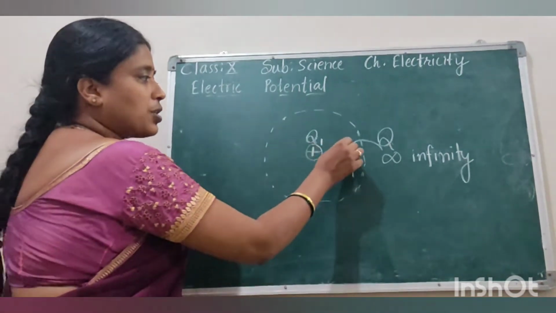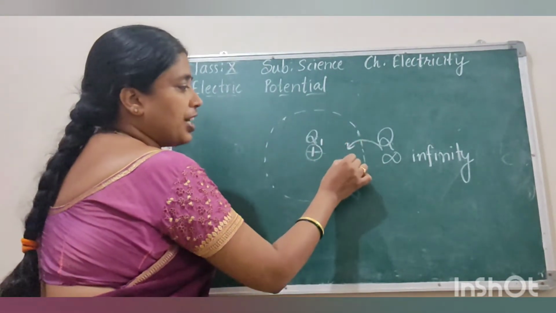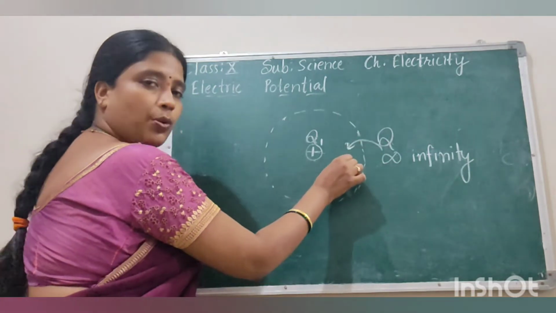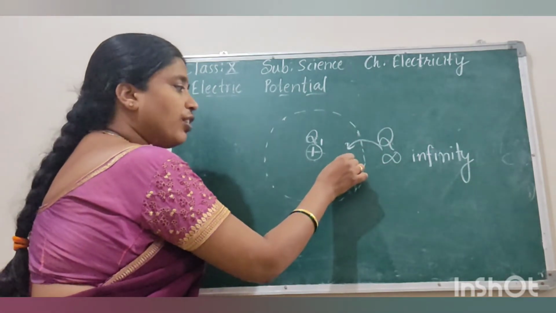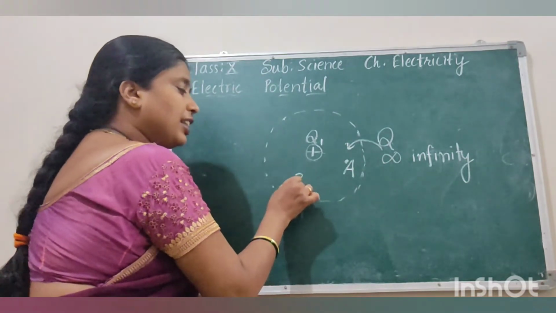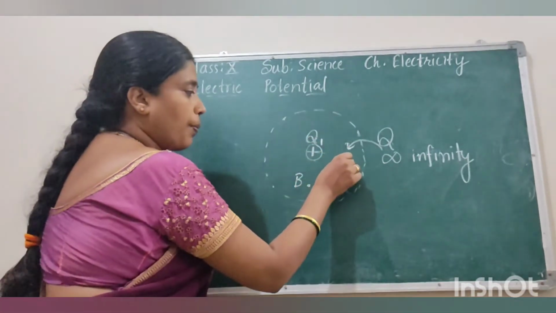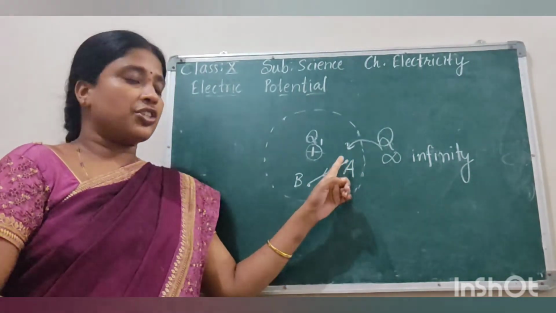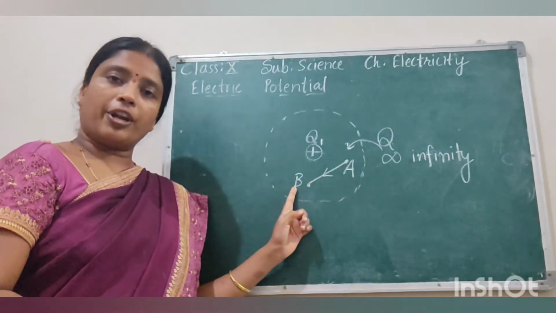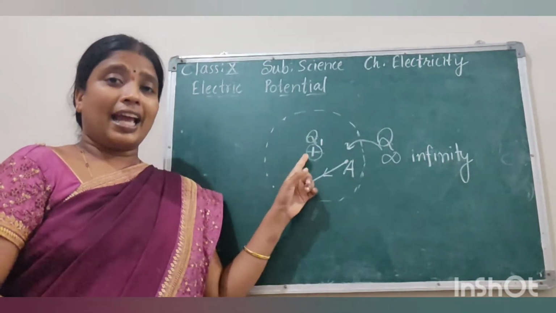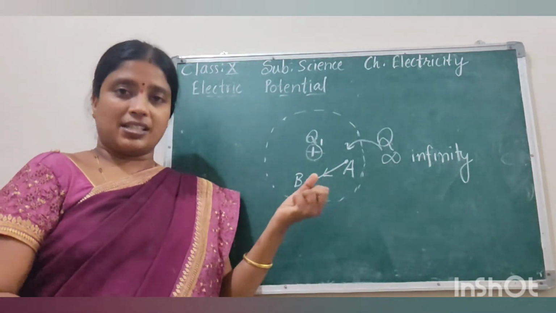Now, what is potential difference? Suppose the charge has been brought to point A. Now, if the charge has to be moved within this region of influence from point A to point B, it will experience some repulsive force.